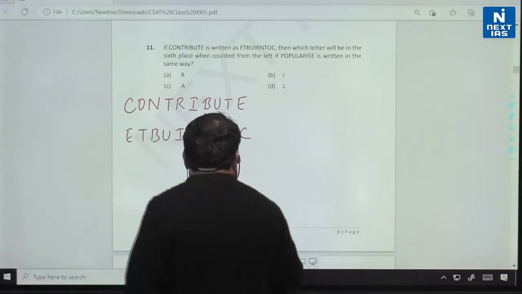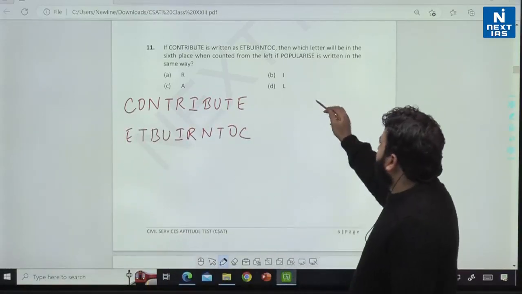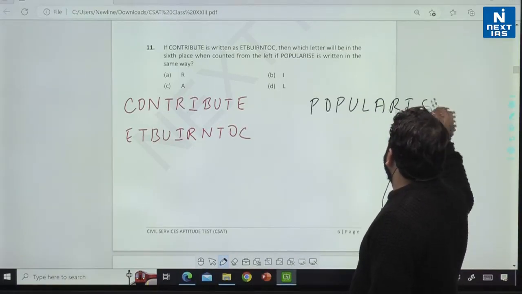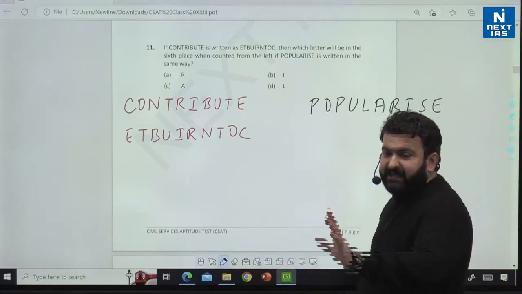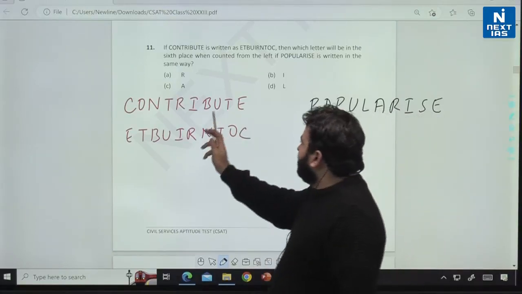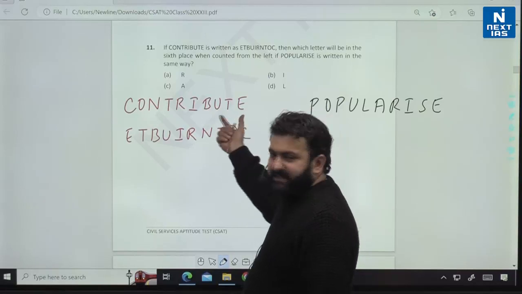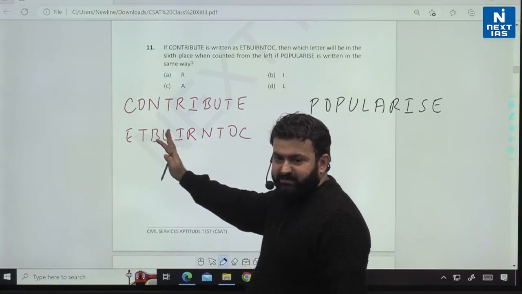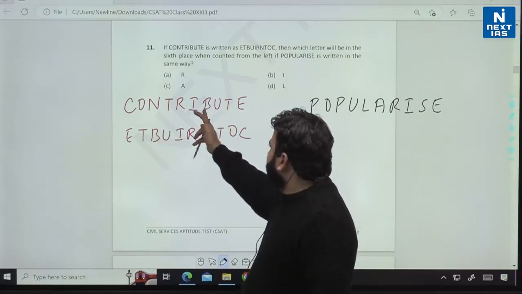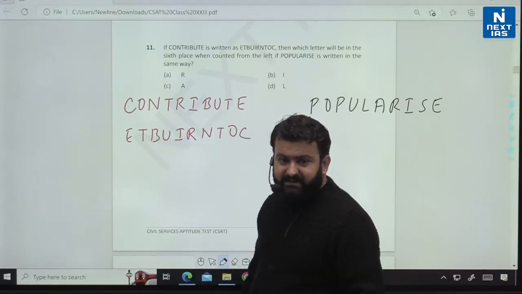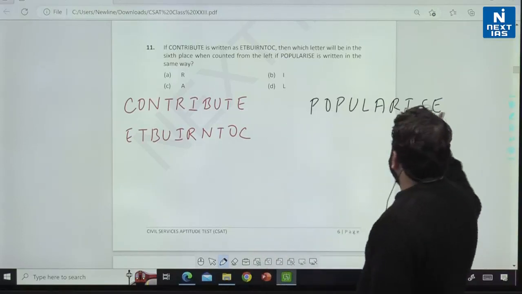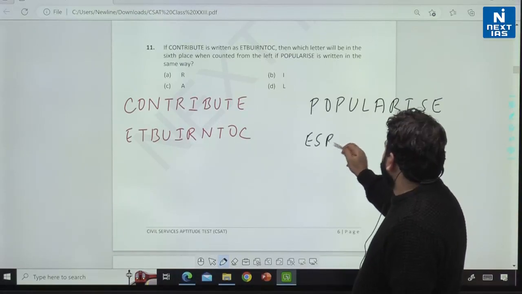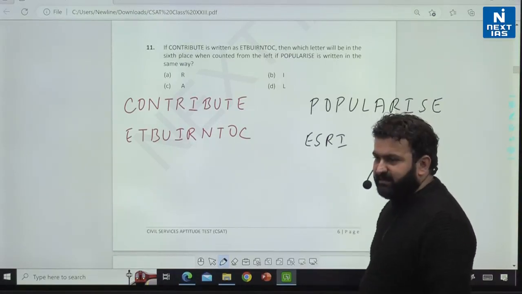So in this case, what is the pattern? Now look at popularize. You have to find out the sixth letter from the left. BUTE was the first four, so it is written as ETBU. Remember ETBU. Here RISC will be written as ESRI.